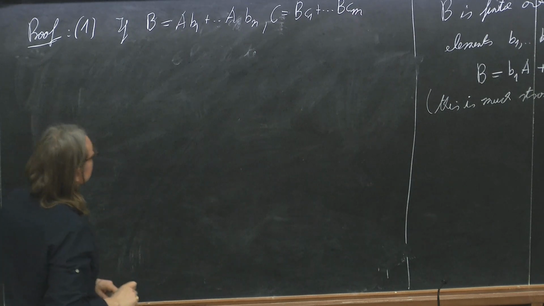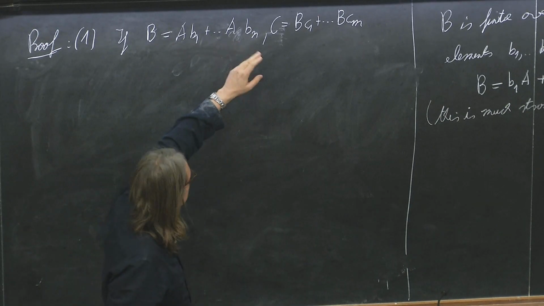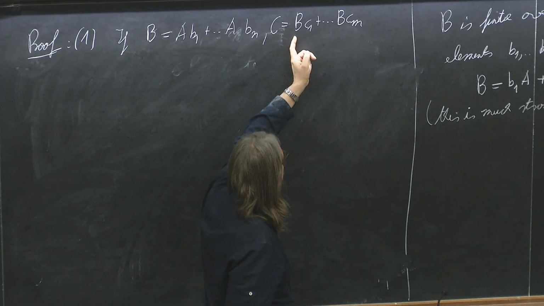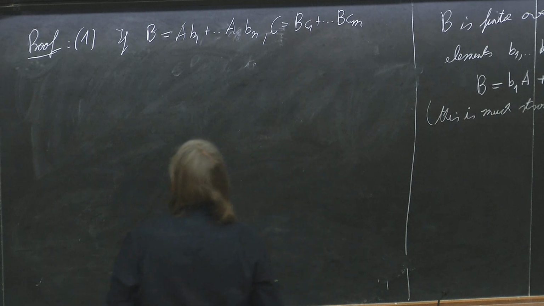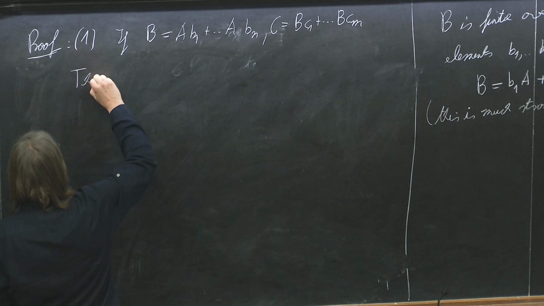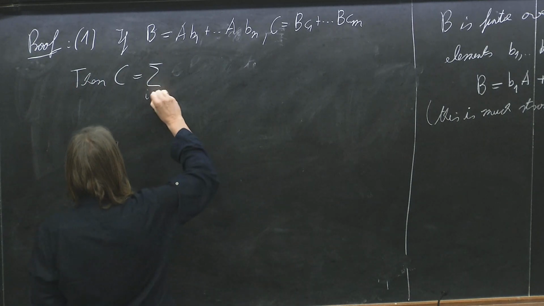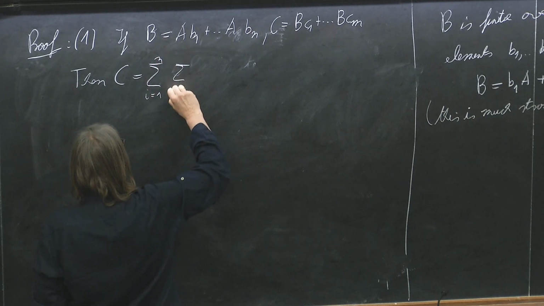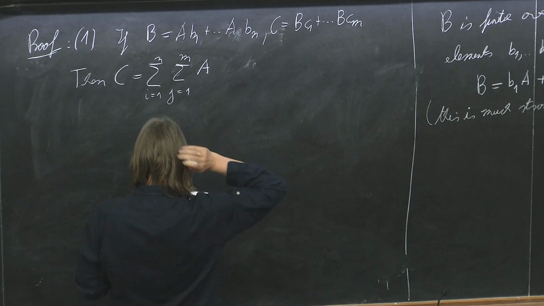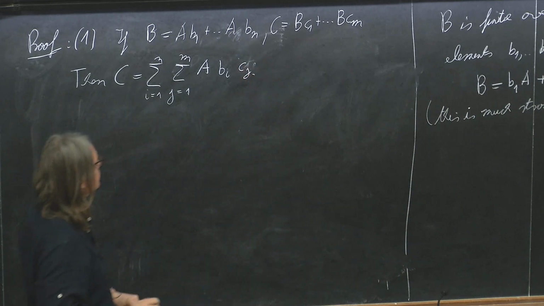Well, then every element in B can be written as such a linear combination, and then every element in C can be written as a linear combination of elements in B with these. So the statement follows, namely C is then generated over A by the products bi times cj.